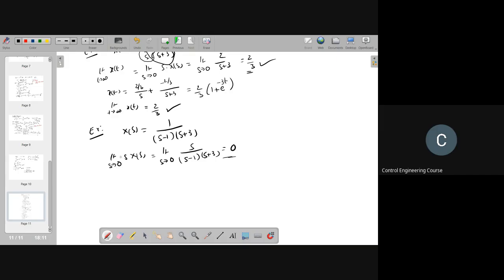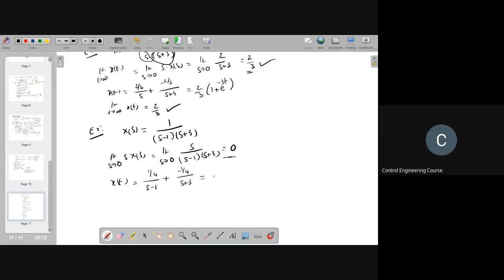Right? Now what will happen to x of t? For s minus 1, put s equal to 1, then you will get 1 by 4. For s plus 3, put s equal to minus 3, then you get 1 by minus 4, minus 1 by 4.